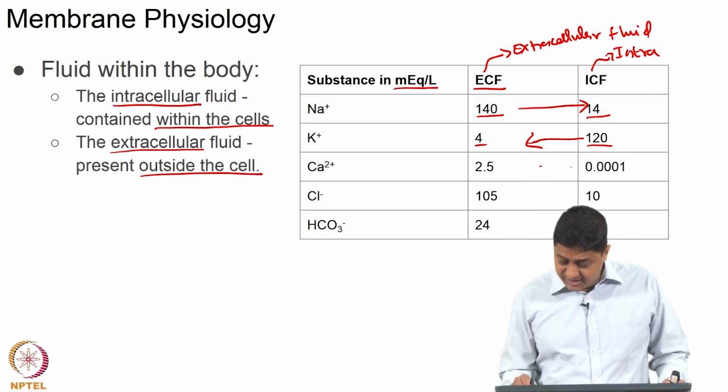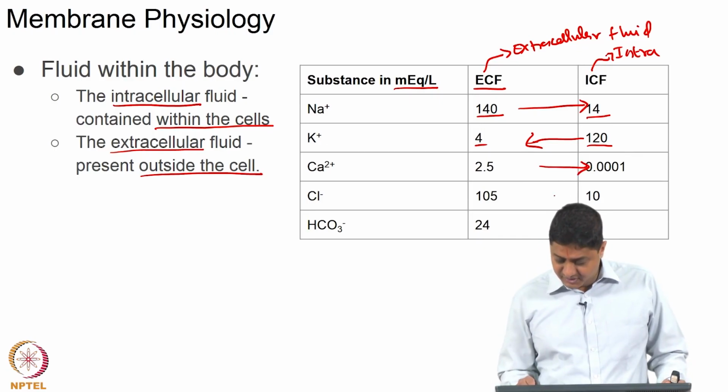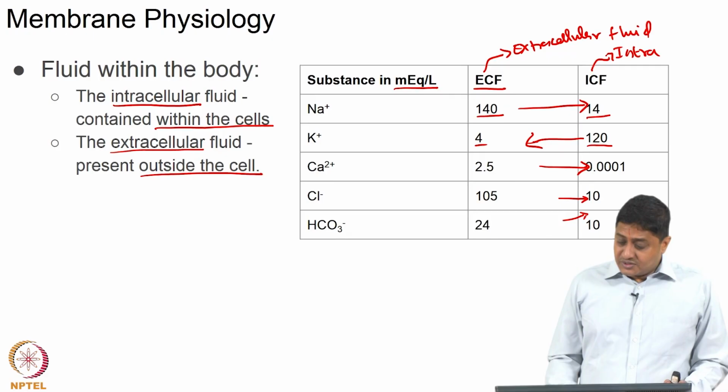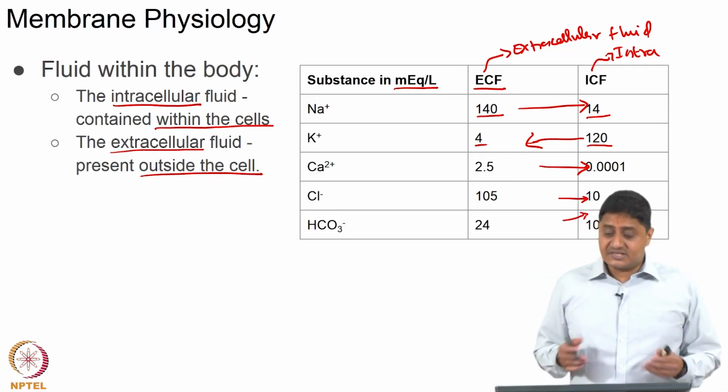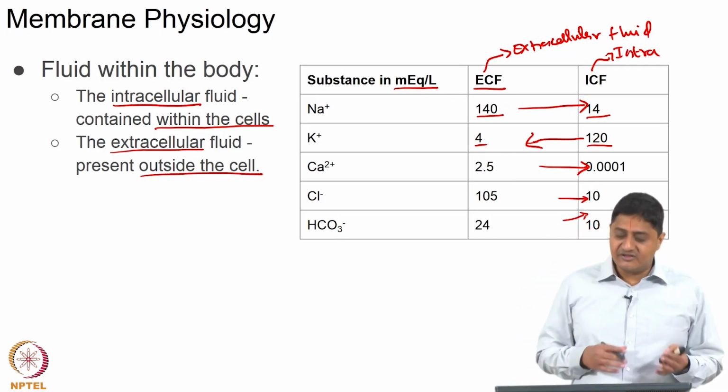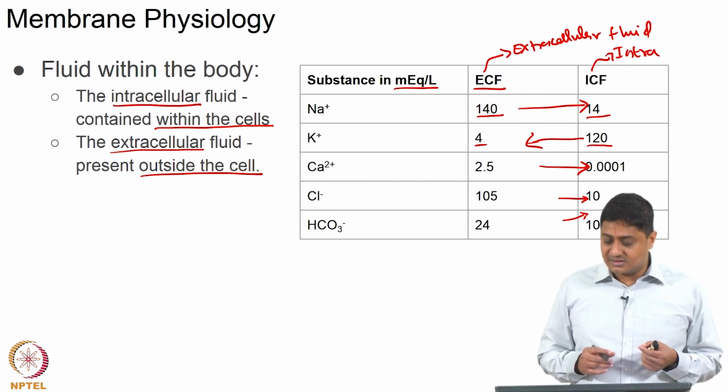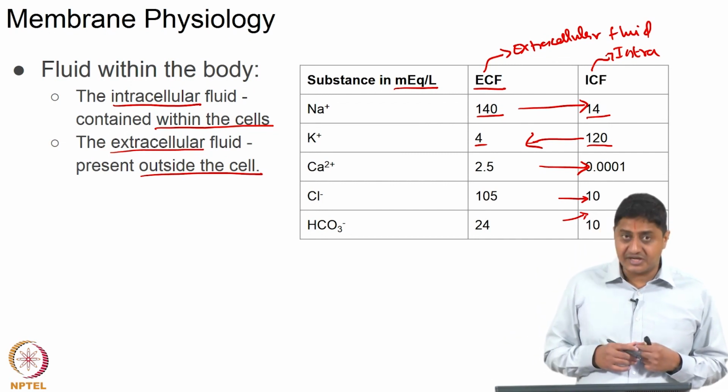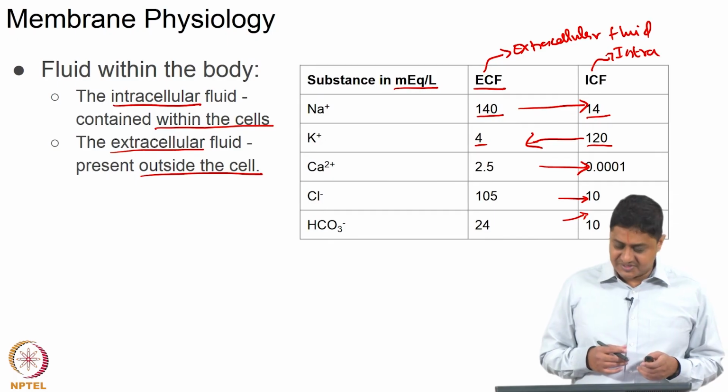Likewise, for calcium the gradient is in that direction, for chloride the gradient is in that direction, and for this the gradient is in that direction. So, different substances may be transported in different directions depending on the concentration gradient for those substances.